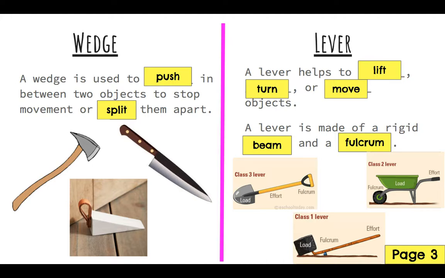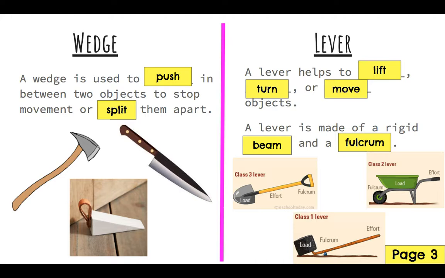Your hand is what is turning, where that beam is turning. On the wheelbarrow, the fulcrum is the wheel because that's where the beam is moving. So anywhere it's rotating. I'm going to show you another example whenever we're finished up here.